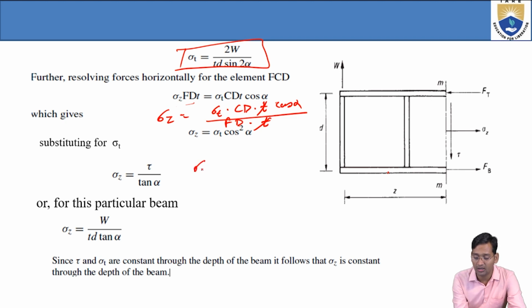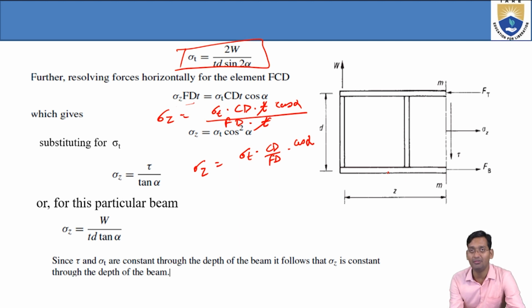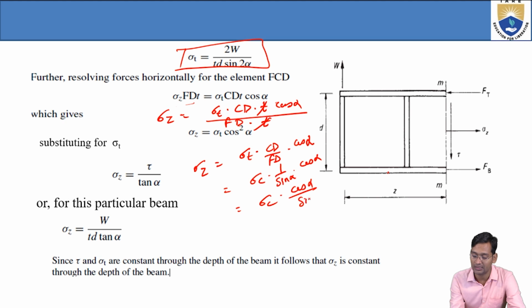Sigma Z equals sigma T into CD by FD into cos alpha. FD by CD was sine alpha. So this is sigma T into 1 by sine alpha into cos alpha.